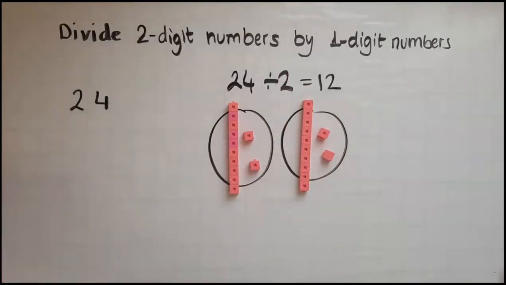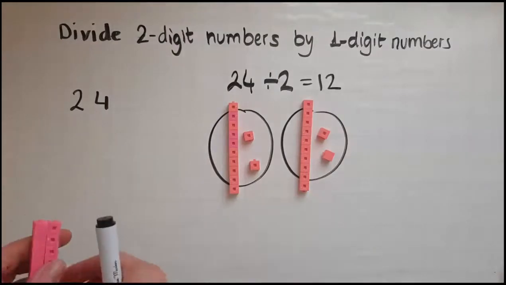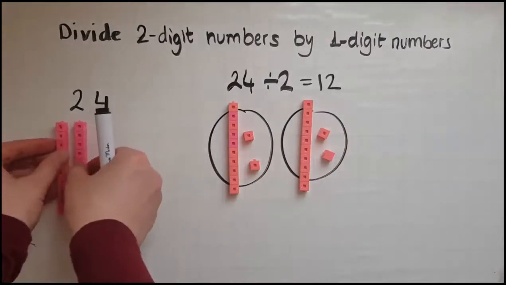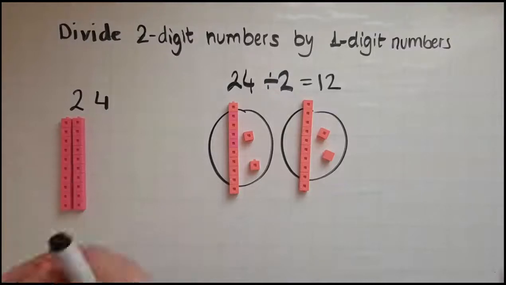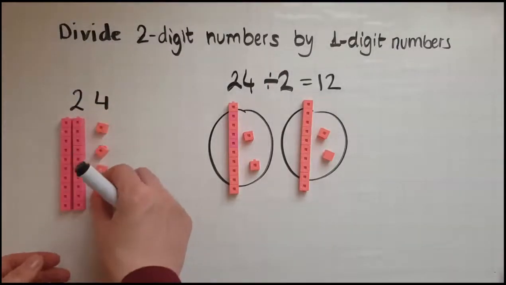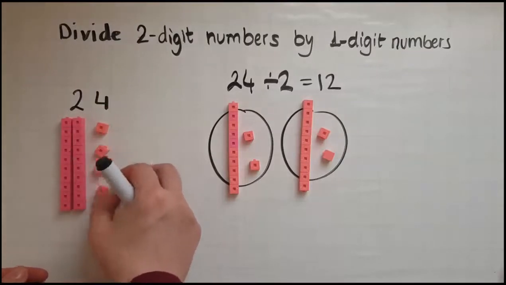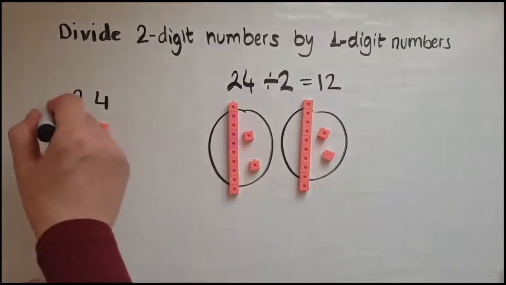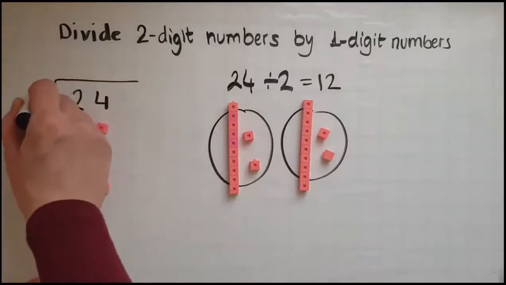What I will do now is use another method to divide the same number. So I've got 24 again. This time I'll use the bus stop method. So again, 24. I want to divide this by 2.